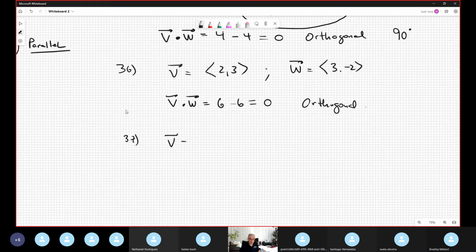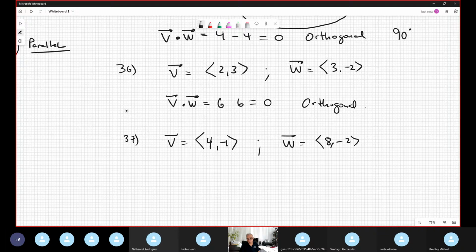Now 37. The vector B is 4, -1, and the vector W is 8, -2. Well, in this case, it's obvious that it's not orthogonal because you multiply 4 times 8 is 32, 32 plus -1 times -2 is +2.